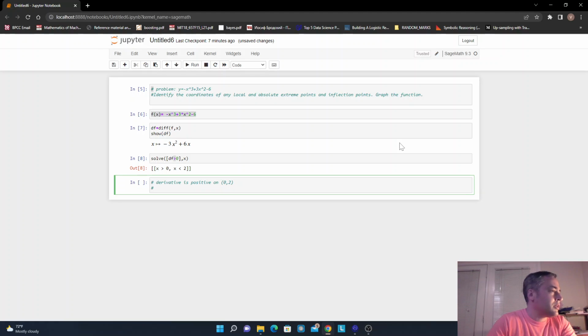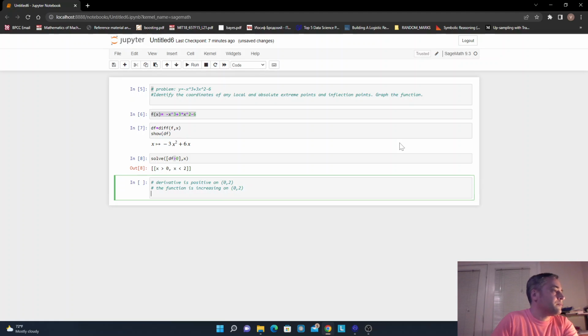And that means that the function is increasing on that interval and is decreasing elsewhere. So this is the first derivative test used, and hence we actually know what's happening.